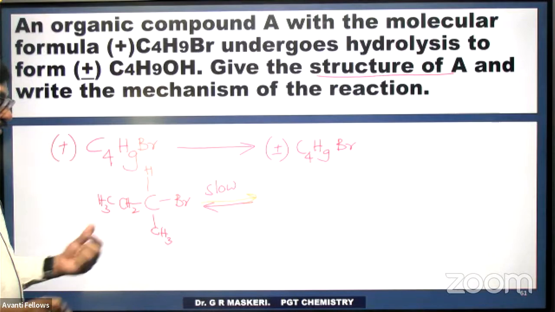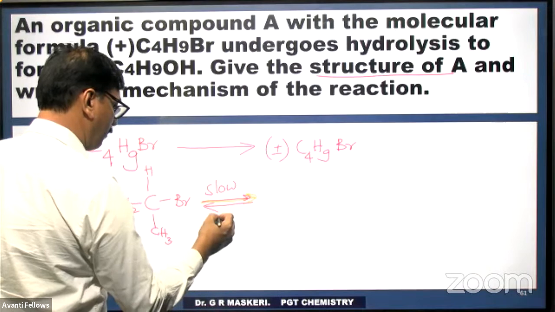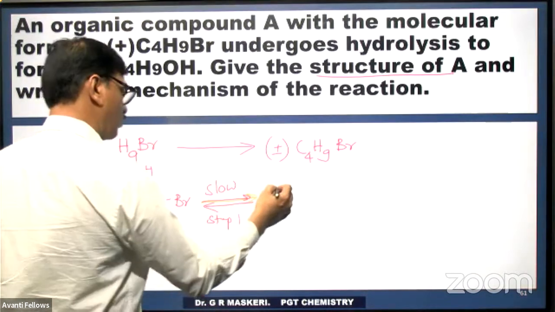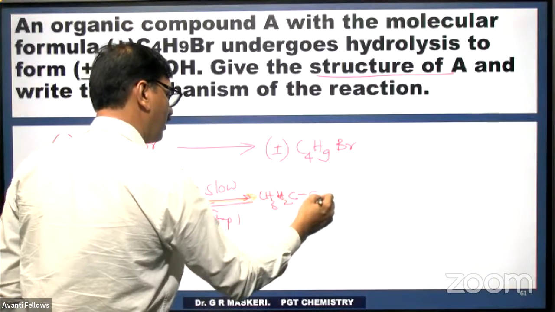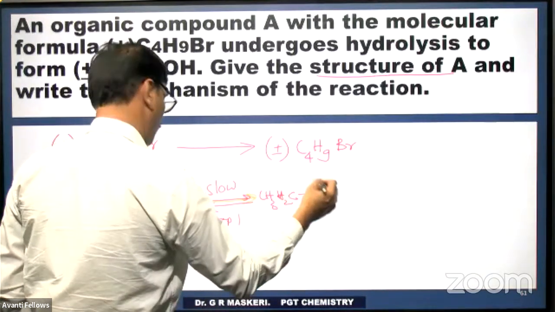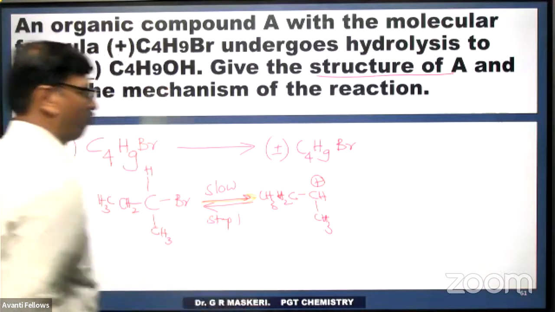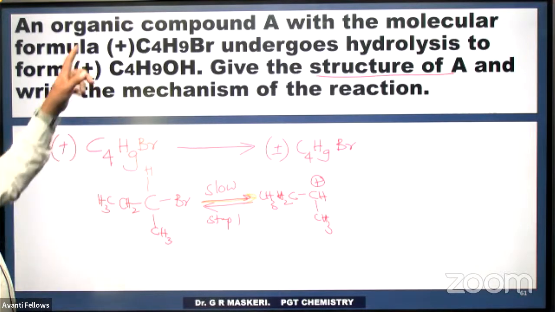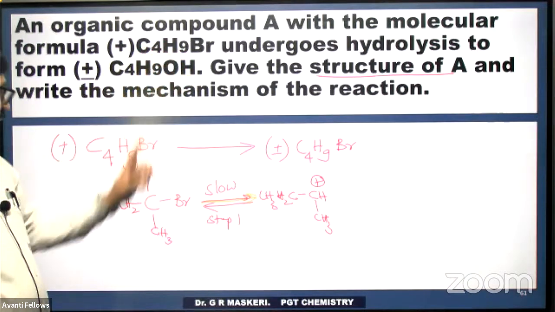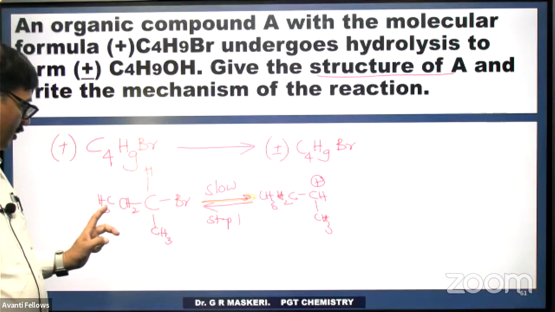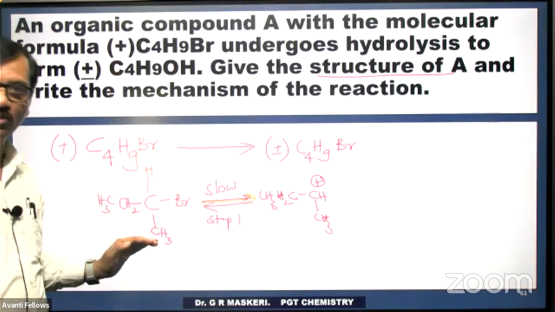While writing the mechanism, you write that in the slow step, or step 1, this will form a carbocation, CH3CH2CH plus CH3. C4H9Br should tally with the molecular formula given: 4 carbon atoms, 3 plus 2 is 5, 5 plus 3 is 8, 8 plus 1 is 9, 9 and Br. So this is the compound.